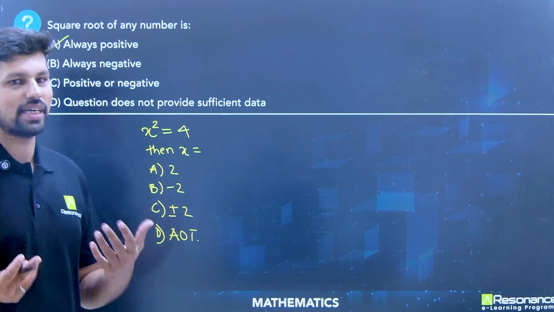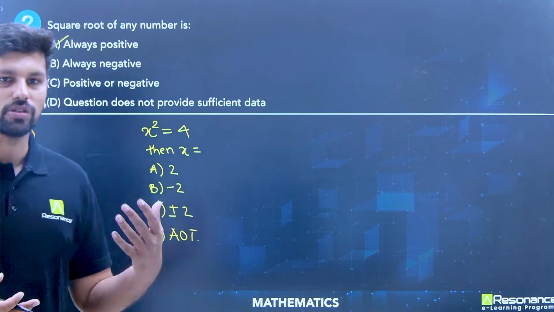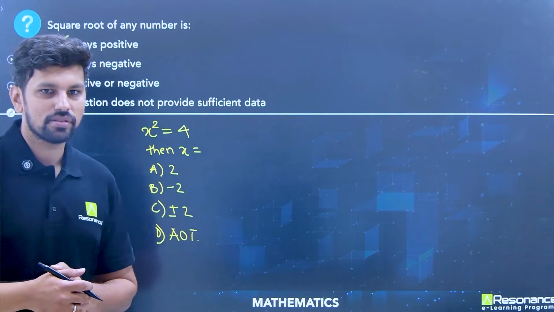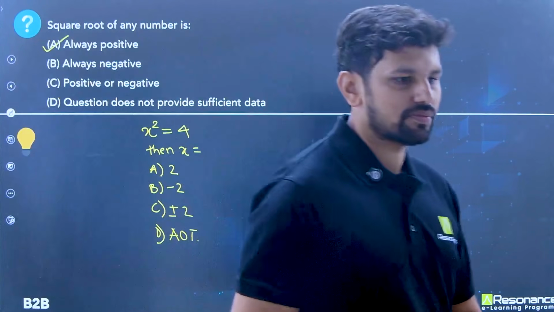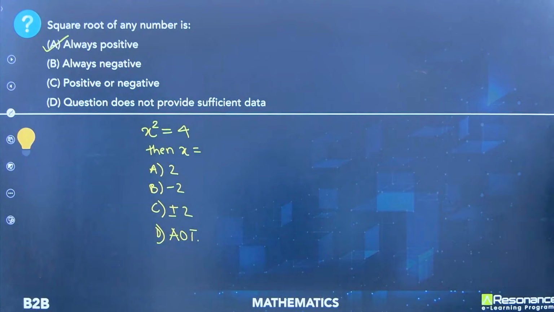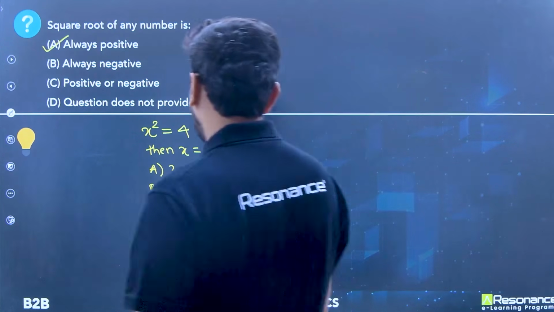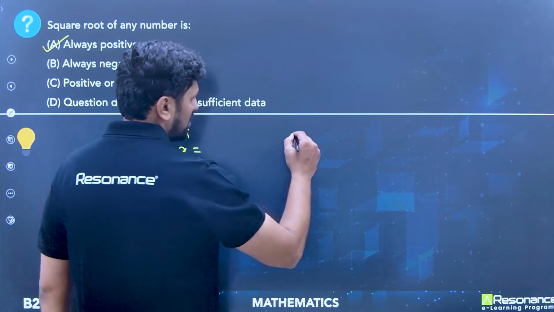If option C is correct, obviously option A and B will be also correct. Yes or no? So the correct answer will be what? Option D. Very good. So see, always remember this thing.